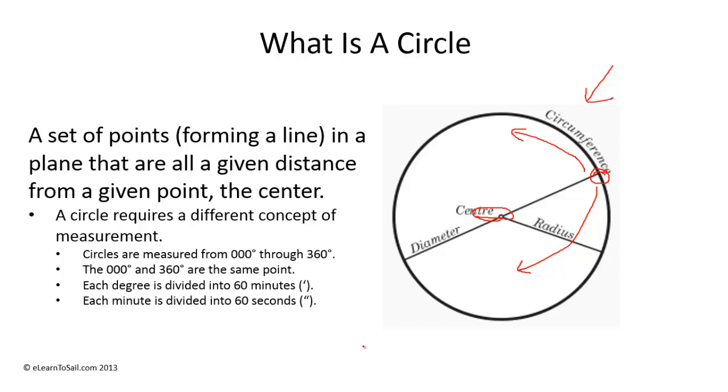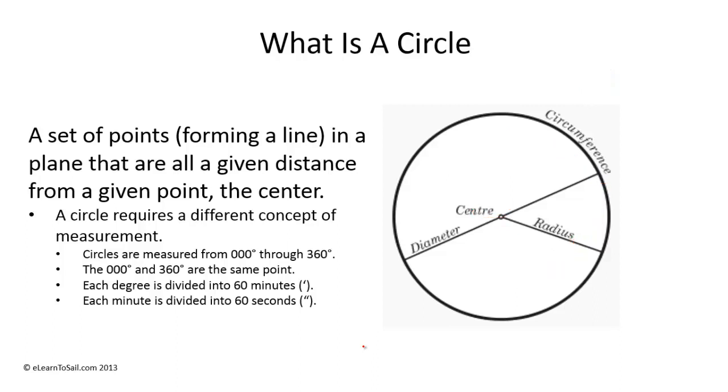So if this is our starting point, we measure 0, we go through 360 degrees. The 360 degree mark is the same as the 0 degree mark. So if you've got something like 450 degrees, that is 360 degrees plus 90 degrees, so you've gone 1 1/4 times around the circle.